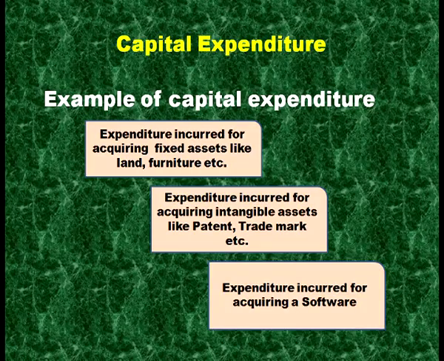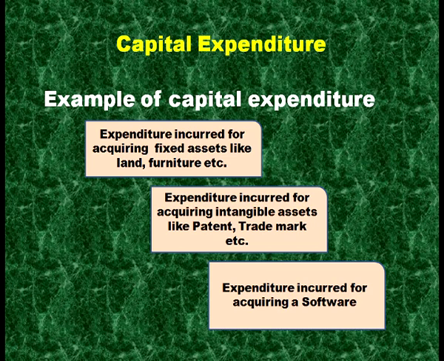If you see the examples of capital expenditure, the first one, expenditure incurred for acquiring fixed assets like land, furniture, etc. Any fixed asset you buy becomes a capital expenditure. The second one, expenditure incurred for acquiring intangible assets like patent, trademark, etc. Like if you buy somebody else's technology, then you have to pay a lot of money to use that technology.